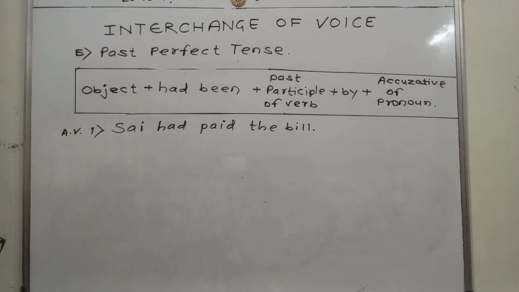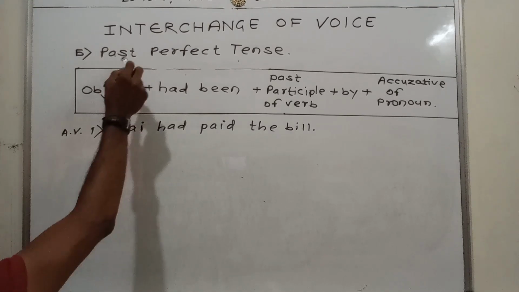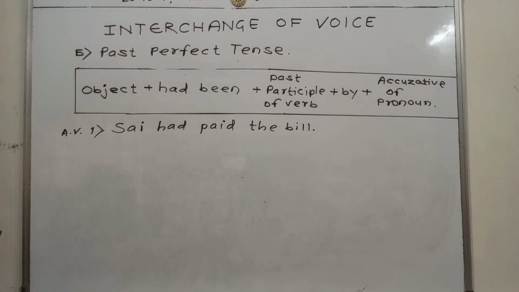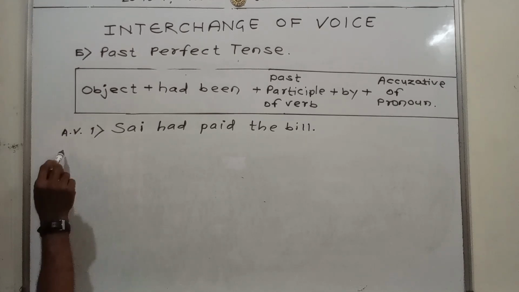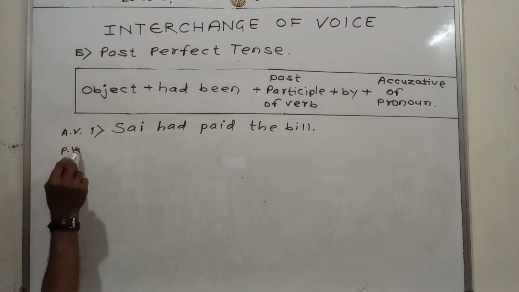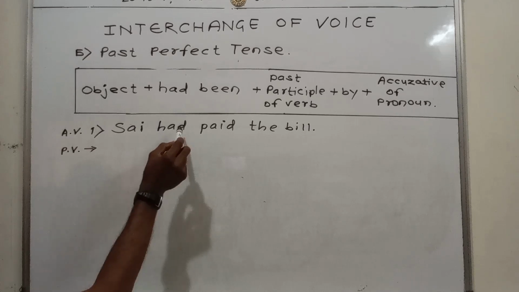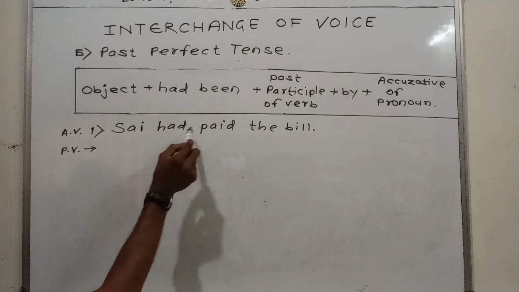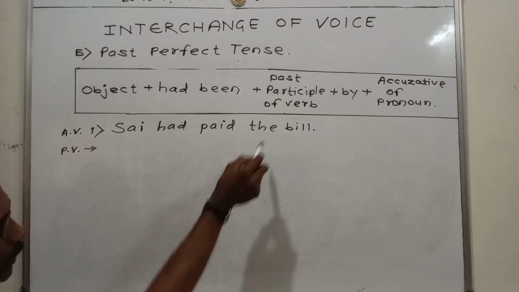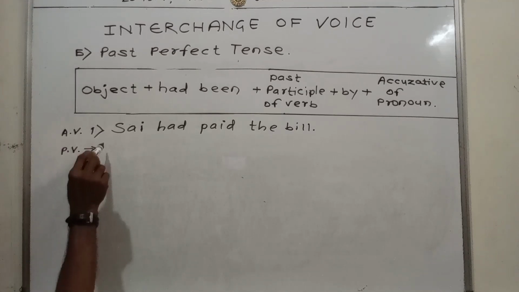Sai had paid the bill. Past perfect tense. Now this is active. We make or convert into passive. Sai subject, had auxiliary verb, paid main verb, the bill object.